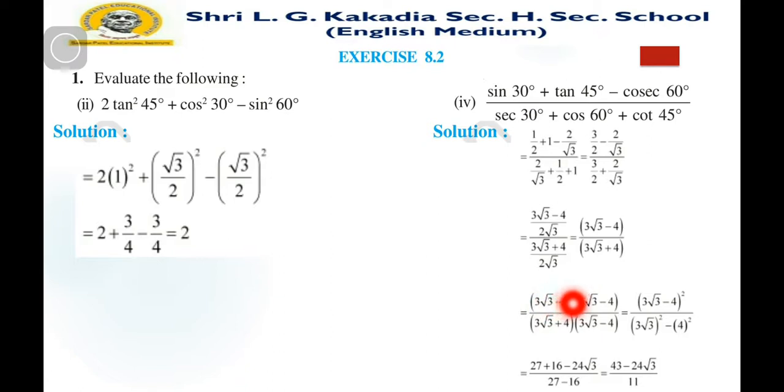And here we know that these two brackets in the denominator seem like a plus b and a minus b. So we can find a square minus b square, that is (3 root 3) square minus 4 square. So hence we can find the value of this expression is equal to 43 minus 24 square root 3 over 11.